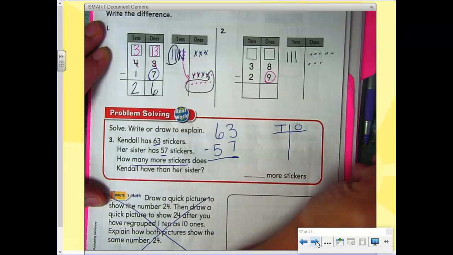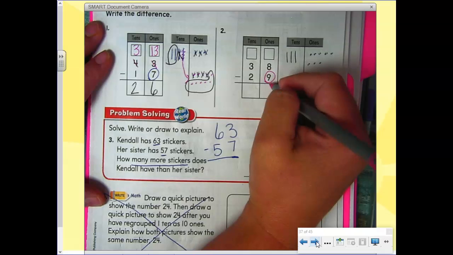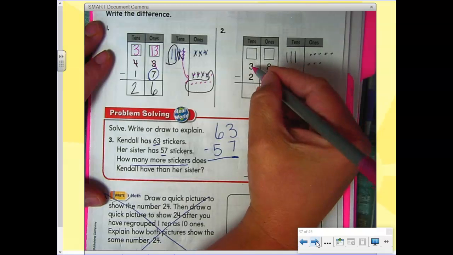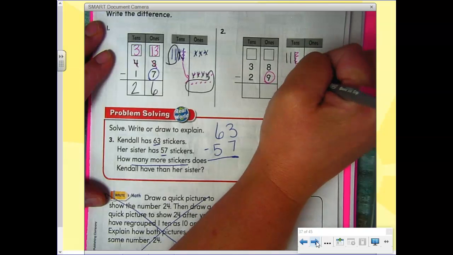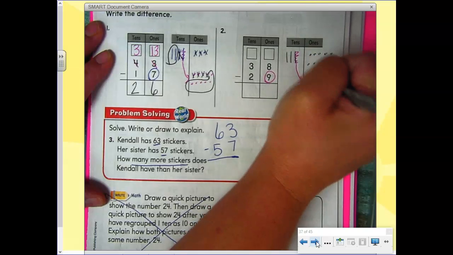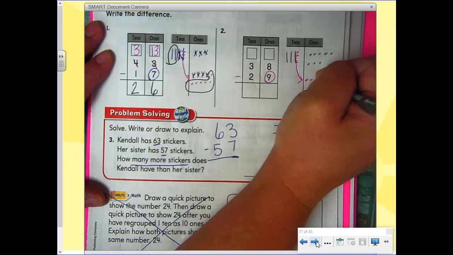It's on the bottom. My big number is on the bottom. I'm going to have to go next door and grab 10 more. So I have to grab one of these and take it next door and break it up into 10 ones.